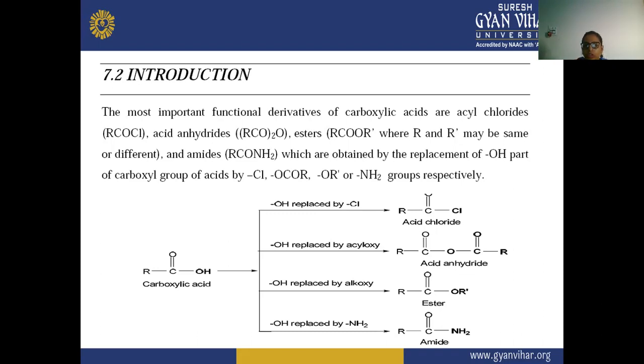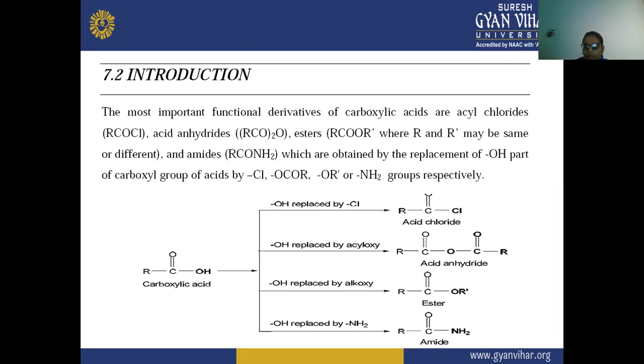The carboxylic acid is a combination of your carbonyl part and the hydroxyl group. From this carboxylic acid there is a formation of acyl chloride, acid anhydride, esters, and amide.